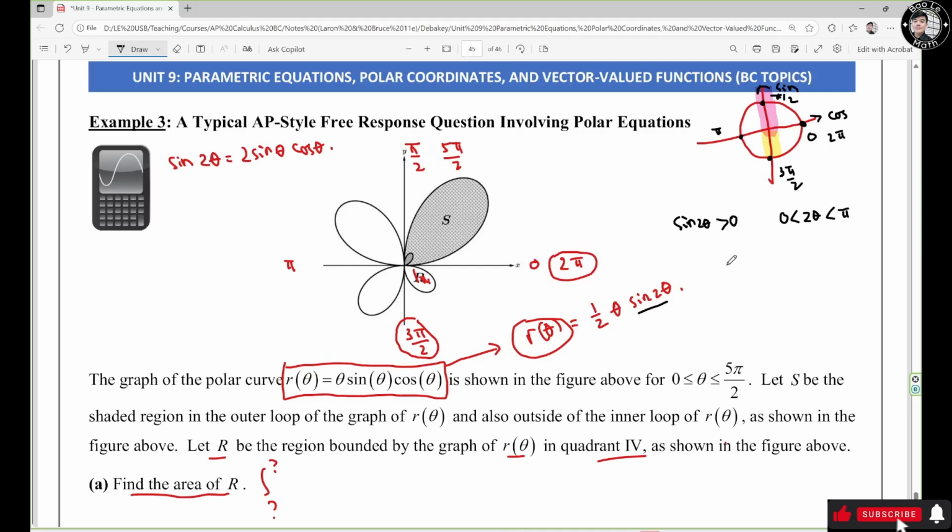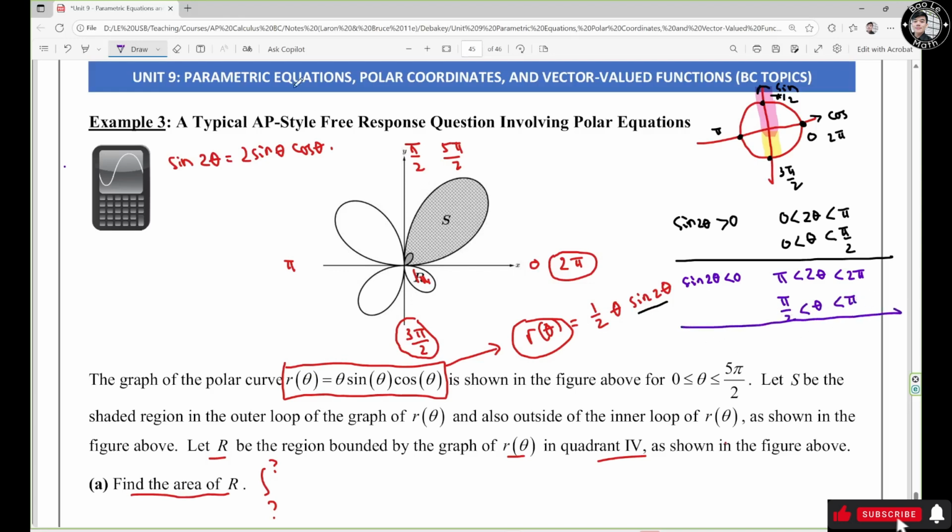Solving this, theta is greater than 0 and less than pi over 2. Now sine 2 theta is less than 0 when 2 theta is greater than pi and less than 2 pi. Dividing both sides by 2, pi over 2 is less than theta less than pi, right?